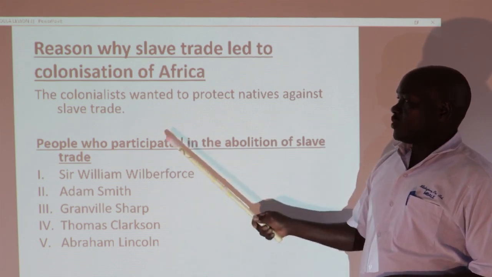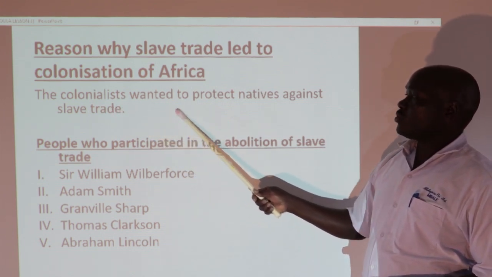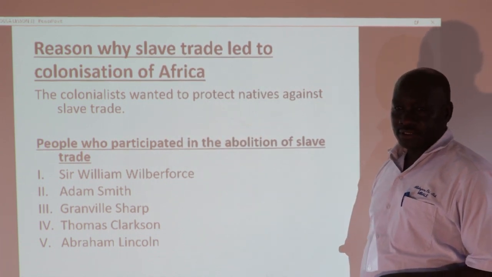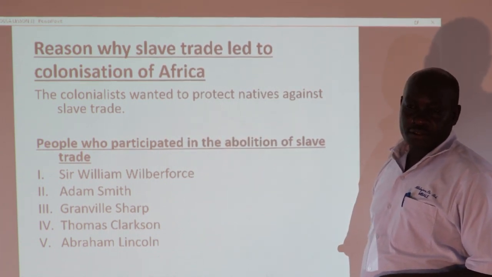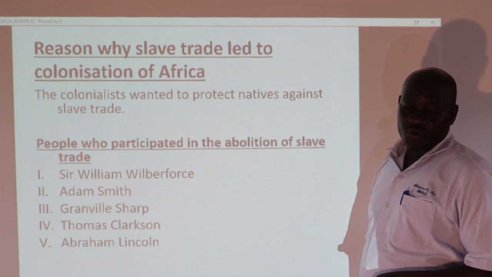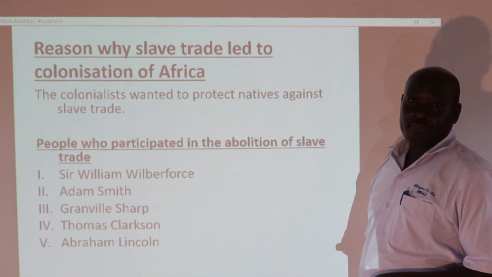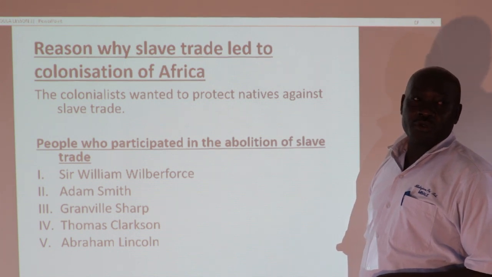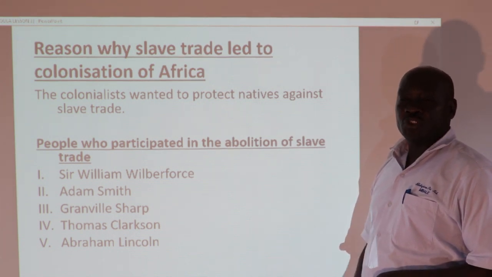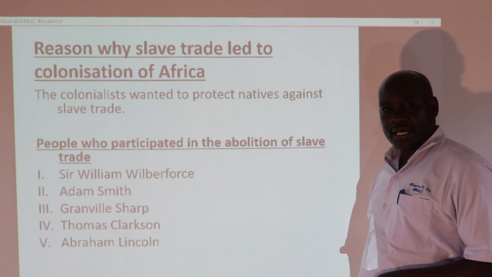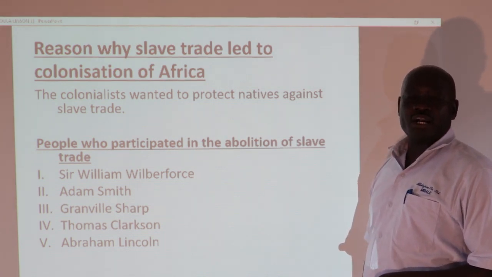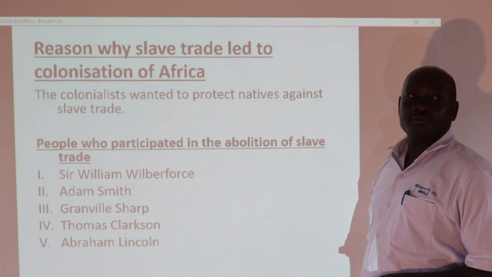So, the colonists wanted to protect the natives against slave trade. That's one way. The colonists were so tricky. So people saw that they were really very good people, because they had come to stop slave trade.